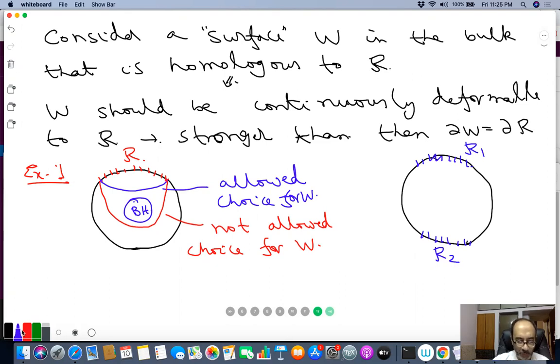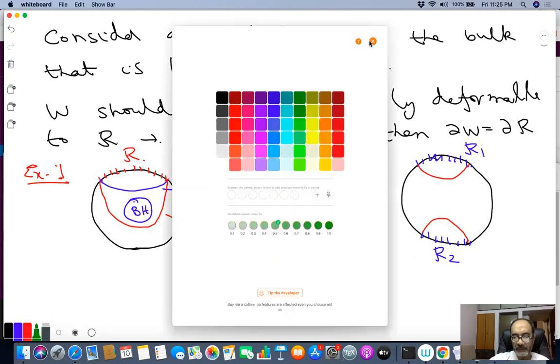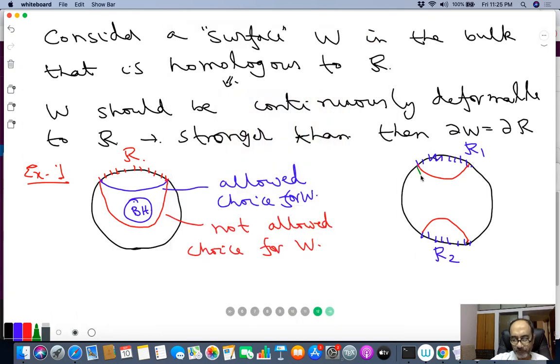So one choice of W will be this, union of these two. Or you can have the union of these two. So W1, W2, and you can call this W1 prime, W2 prime.